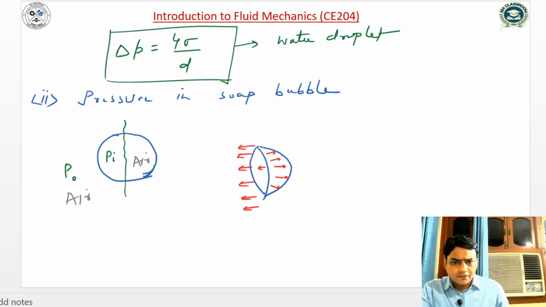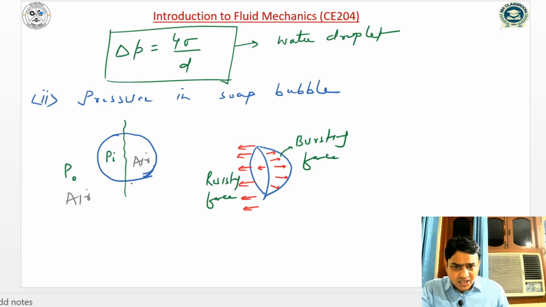So this is the bursting force, and here is the resisting force. But one thing changes here, the surface tension, because inside the bubble there is air, and outside there is also air. So the surface tension will act twice.